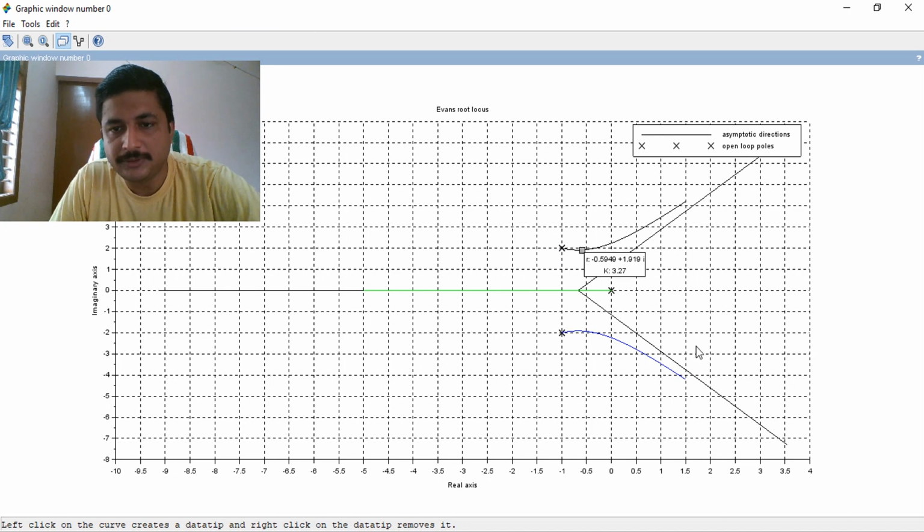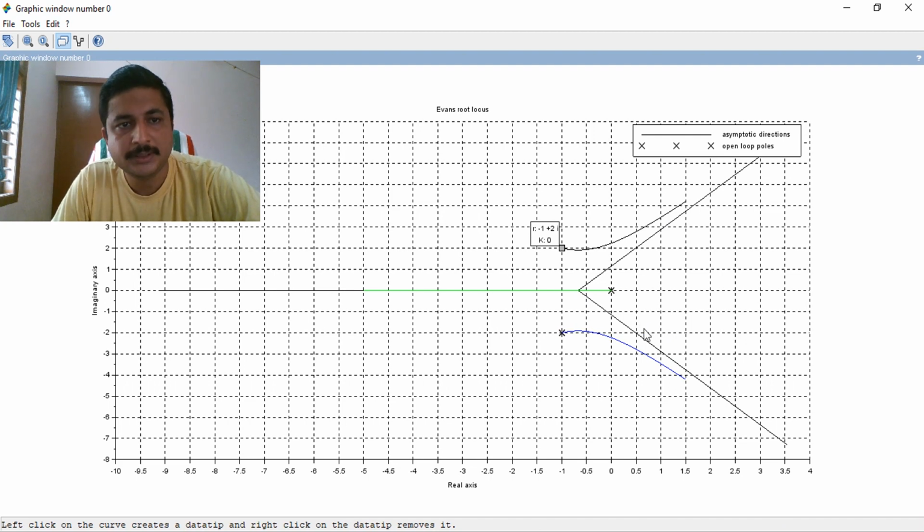You can see here, this is the root, minus 1 plus 2j, where k is 0. So you can use these various data types. You can find exactly where the centroid is, analyze it against your theoretical value, and approximately check the angles of the asymptotes.